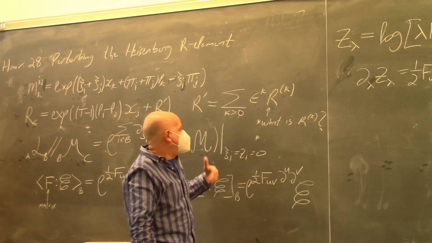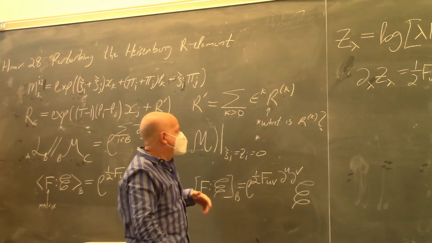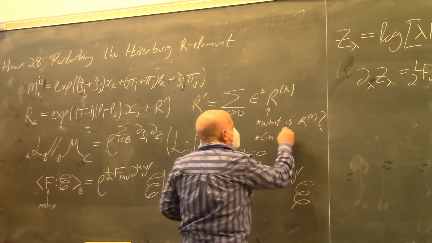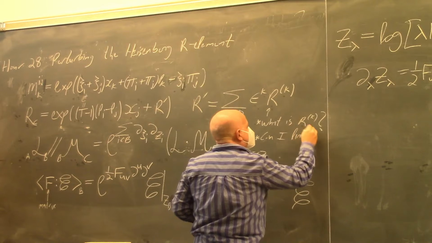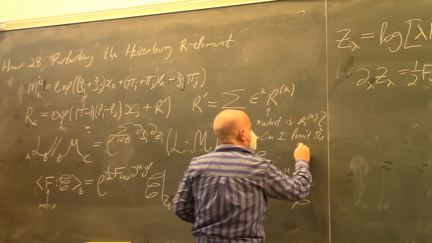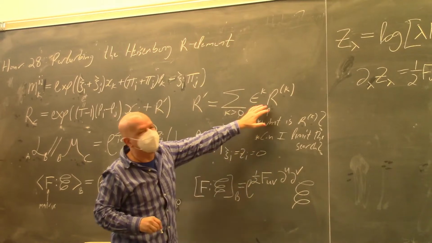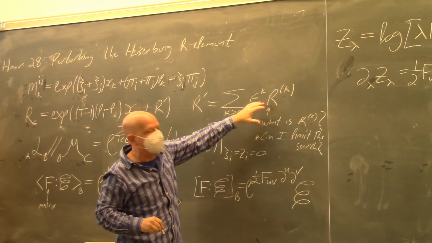So even before what is Rk, I want to see if I can limit the search. Can I restrict my attention to a smaller subset of Rk's?